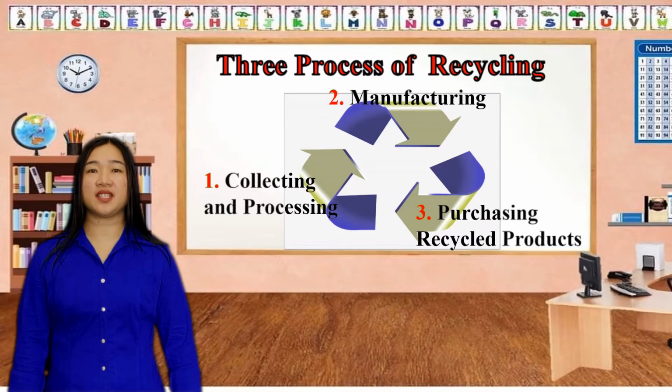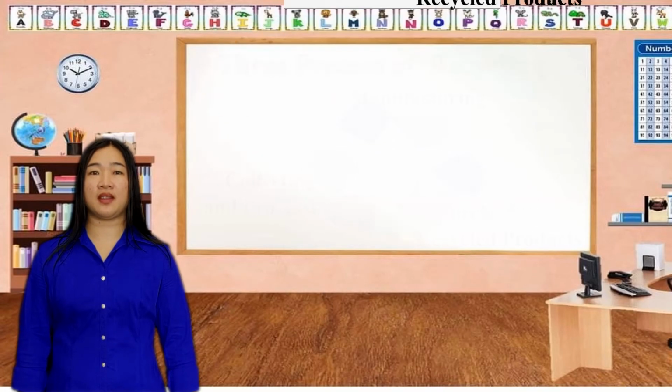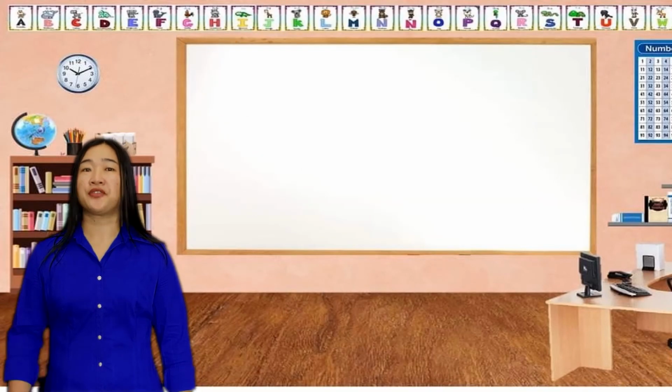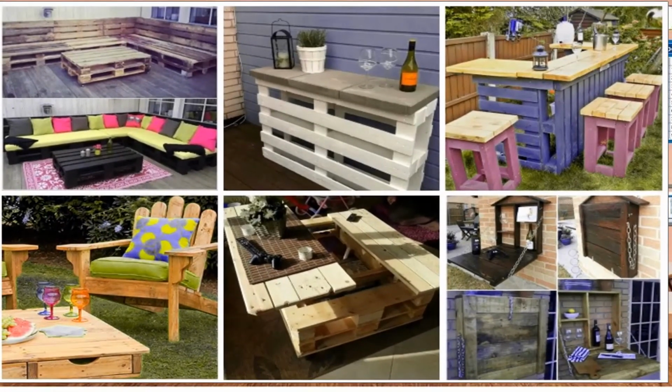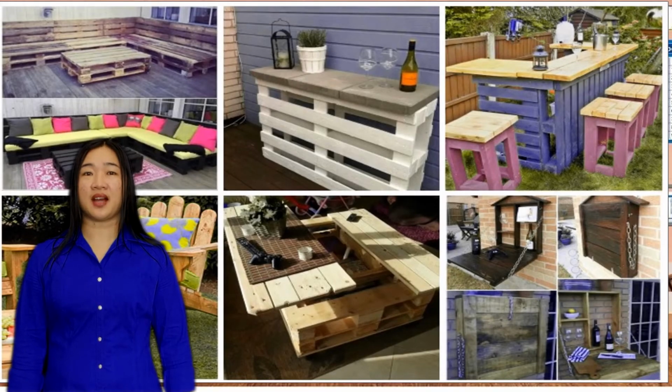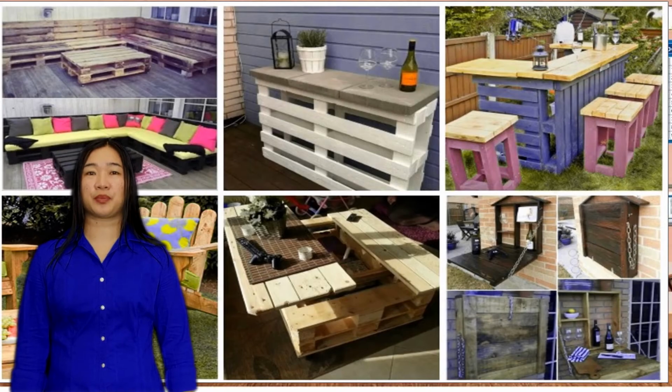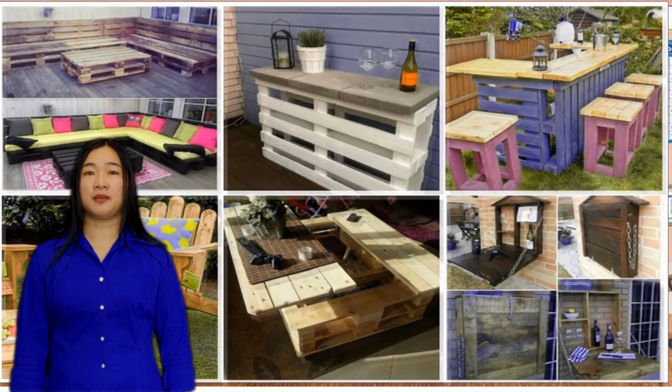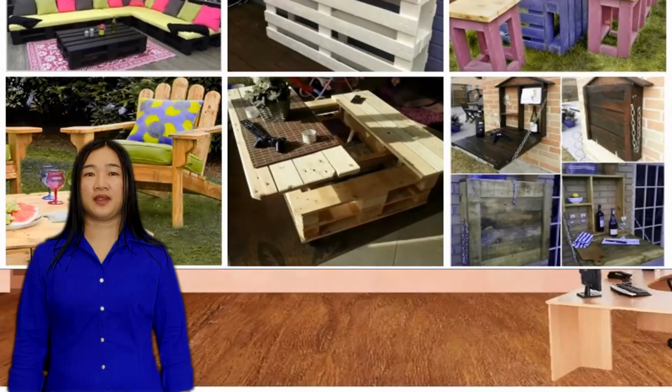Let's name the waste materials used in this new product. First picture. Correct. These are many products that can be produced from recycled woods like chairs, tables, garden accessories, wooden floors, blocks, and others.